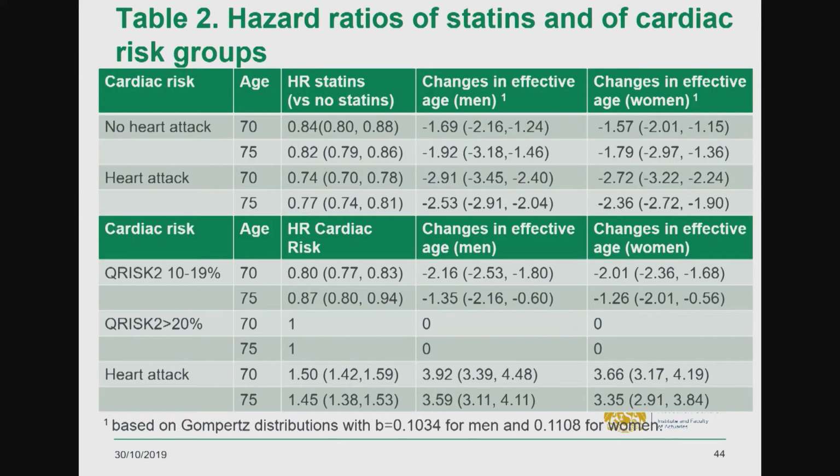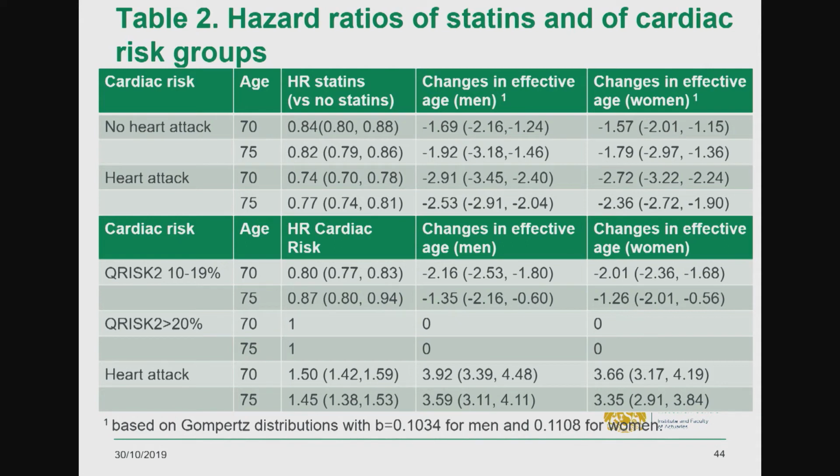Okay, this is a pretty crowded table, but bear with me about the results from our two tables. So the first part, the upper part of the table, is about hazard ratios of statins for age 70 and 75. So the first two lines are for people without heart attack, and the third and fourth lines are for people with heart attack.